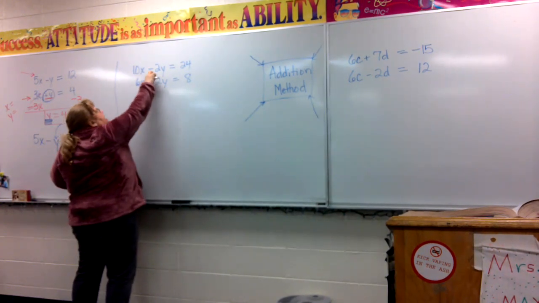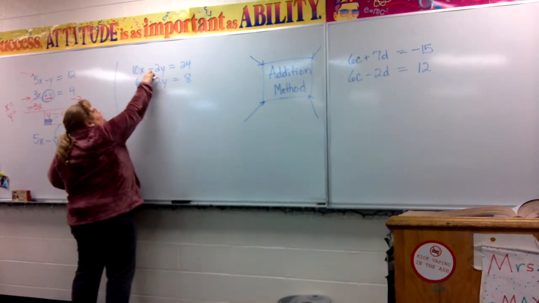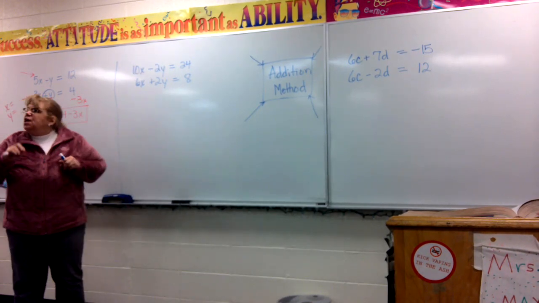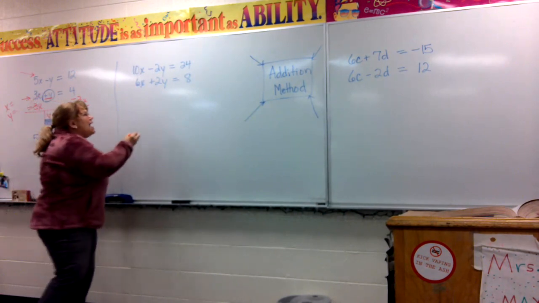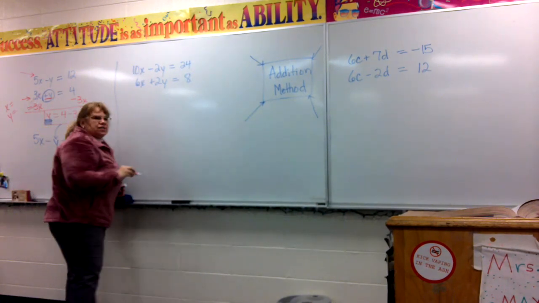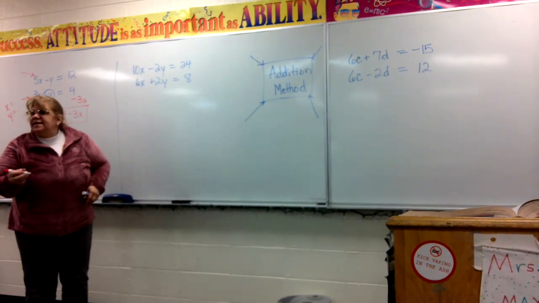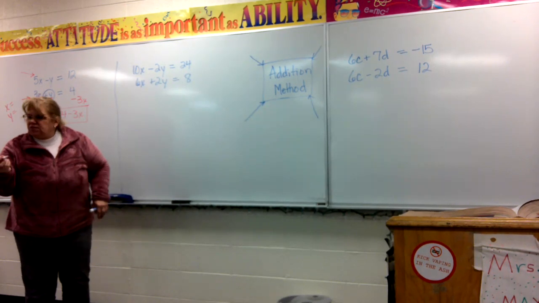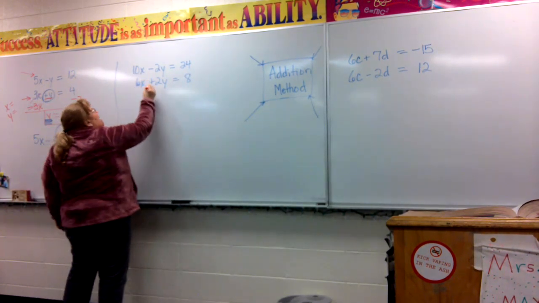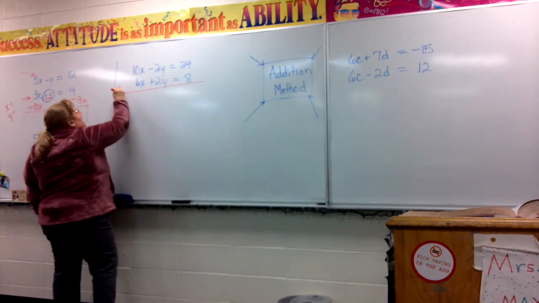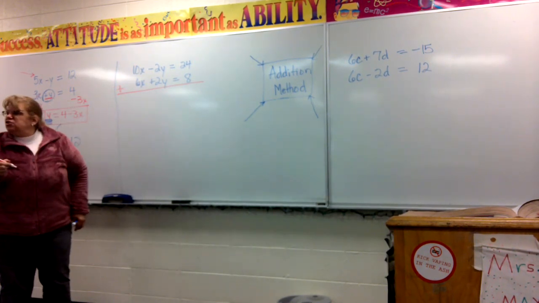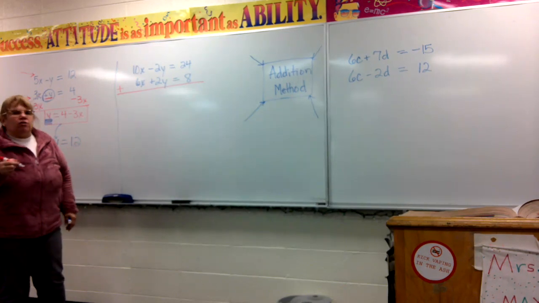Do you see right here I have a positive 2y and a negative 2y? Yeah. In order for the addition method to work, you have to have opposites. Positive 2y, negative 2y. Watch this. If you have opposites, you're going to draw a line and you're going to add those two equations together.